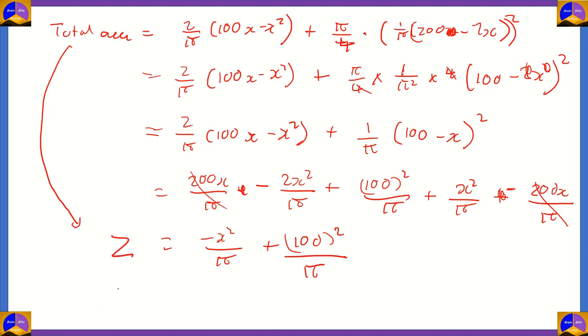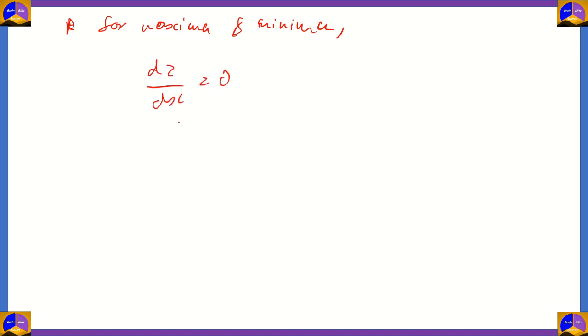So the derivative of z with respect to x will be minus 2x by pi plus 0. So minus 2x by pi will be the answer. Now we have to get the maximum value. So for maxima and minima, dz by dx is equal to 0.